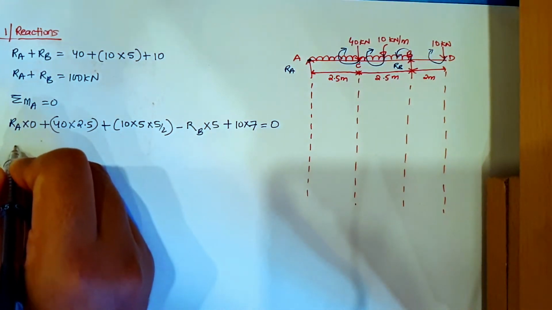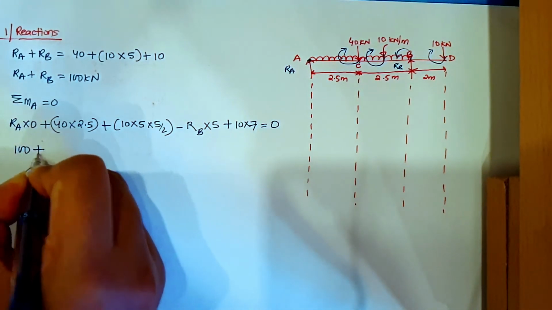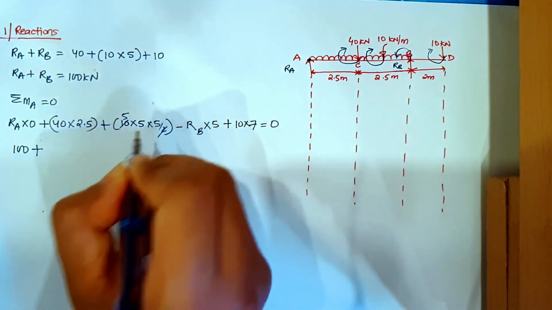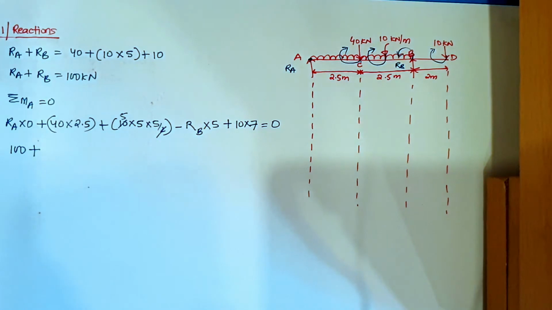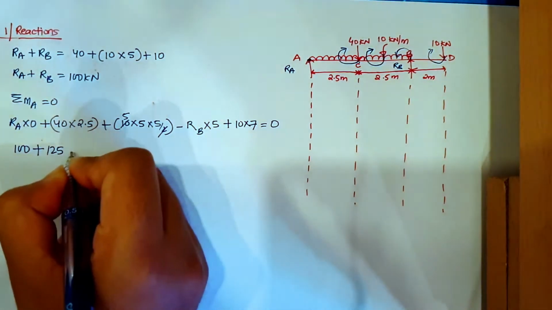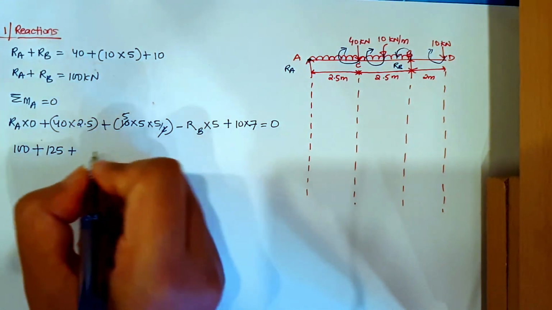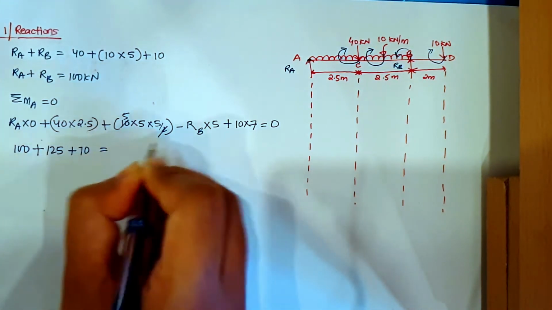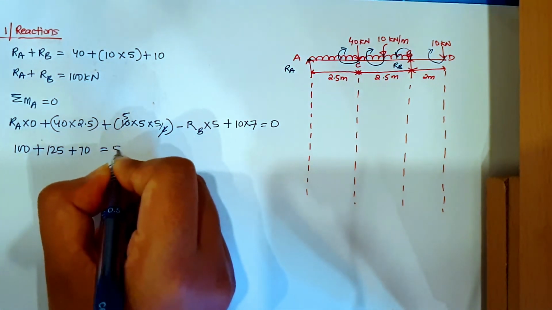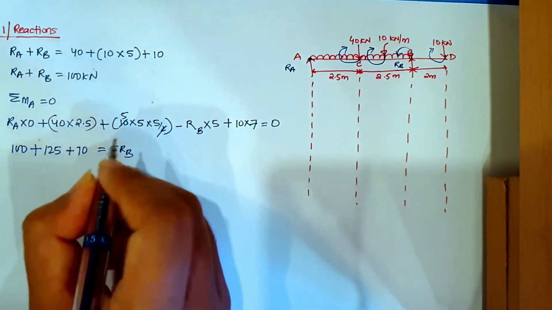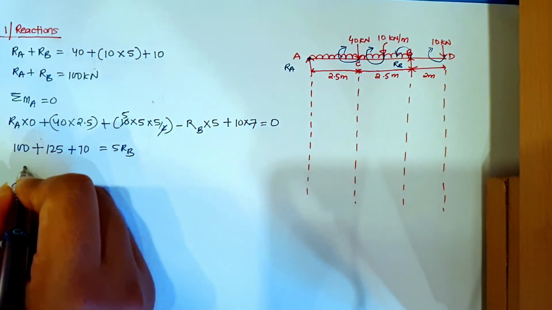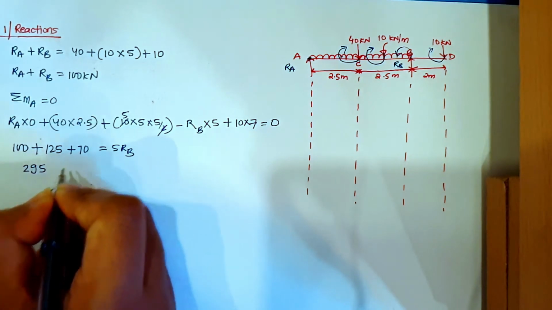Now from here, 40 into 2.5 will be 100 plus, if we cancel this, I have 5 into 5, 25. 25 into 5 will be 125. So 125 plus 10 into 7 is 70 equals, I'm sending this minus to the right-hand side, so I have 5RB. If you add up all of these values, you will get 295.